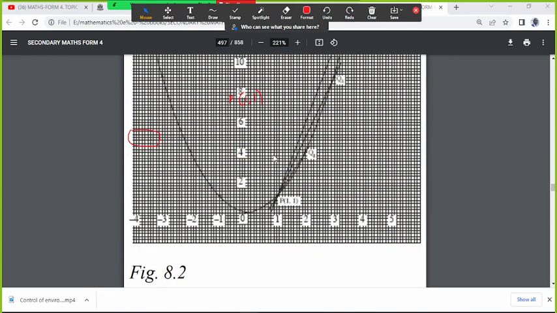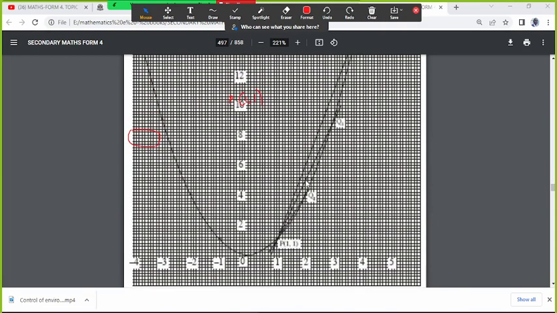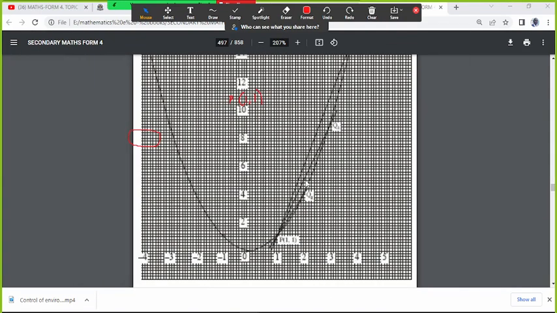From this graph, we have a point P, this one, which is 1, 1. And then we have another point Q somewhere, Q1.